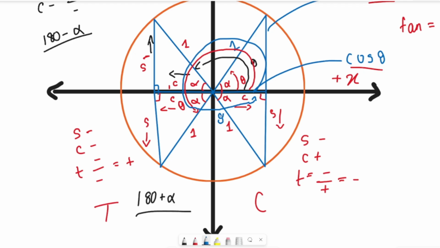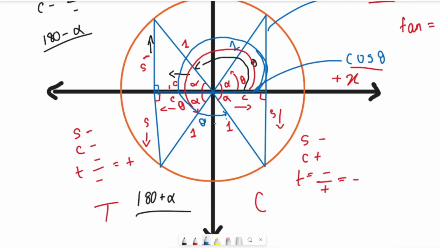So this is theta for the fourth quadrant, and oh, my bad. Theta will actually be till the hypotenuse. I forgot. So this is the hypotenuse, right? So we move from this all the way to the hypotenuse, and this is theta. My bad for that.